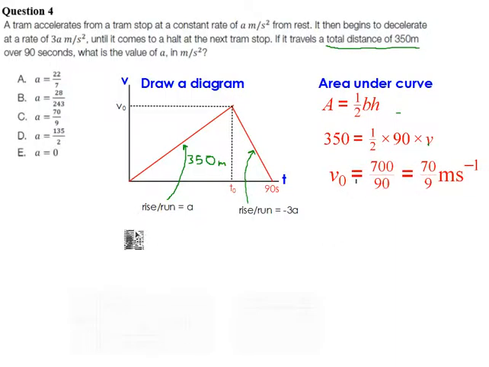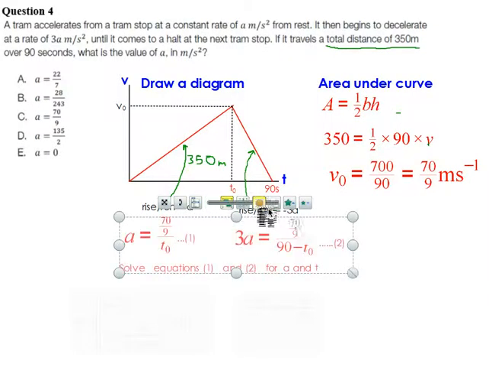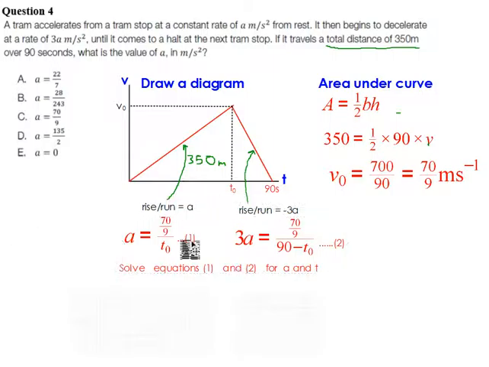So we now know the rise going up to the top of the graph is this V value. So we're going to use that and include it into a rise over run. For the first gradient here, a is a rise of 70/9 going up, divided by the run. So the run is this time of T0 seconds. Rise over run here for the first acceleration.